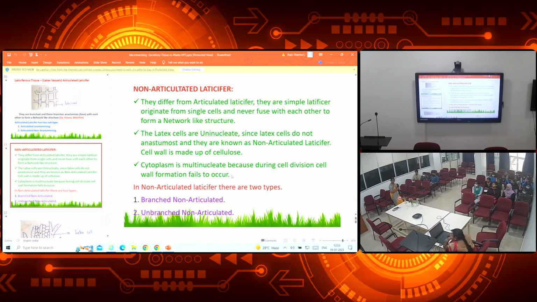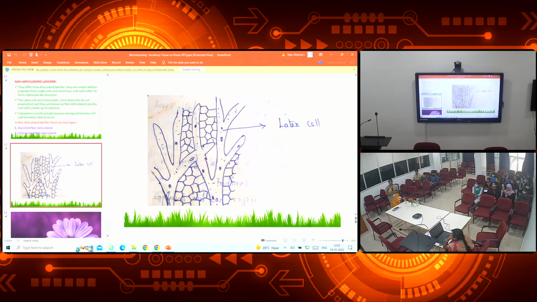Non-articulated cells don't fuse with each other and are of single cell component, and the cytoplasm will be multinucleated. In a single cell, the cytoplasm will be more or less evenly distributed and the nuclei will be found more or less in the same place. This is a latex cell, formed of a single component where you can find nucleus and cytoplasmic content.